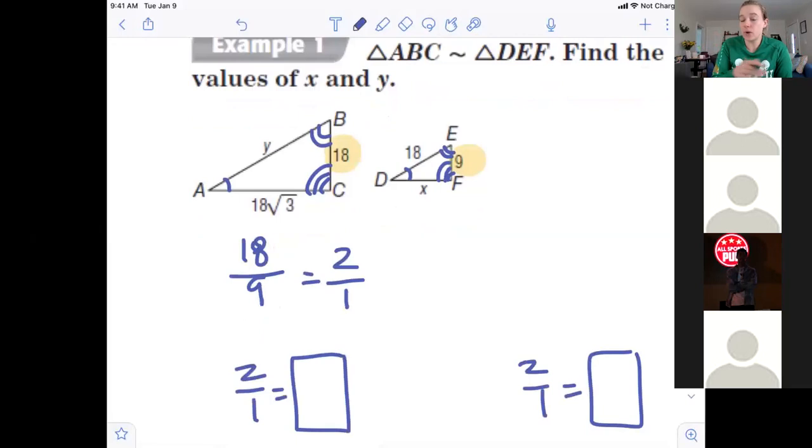So you can pick whichever one you want. Can somebody write one of my other ratios? So 2 over 1 is equal to what over what? What's my other set of sides I'm going to do? You don't have to solve, you just have to set it up, right? So what's another set of sides that go together?